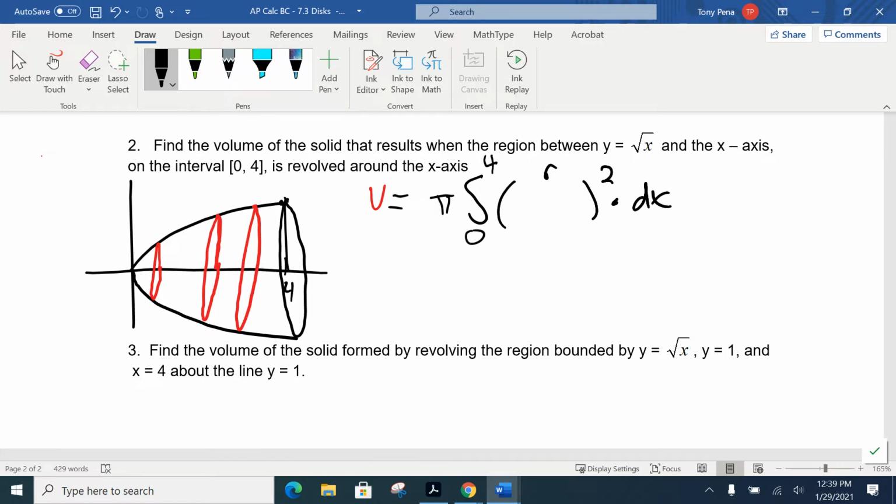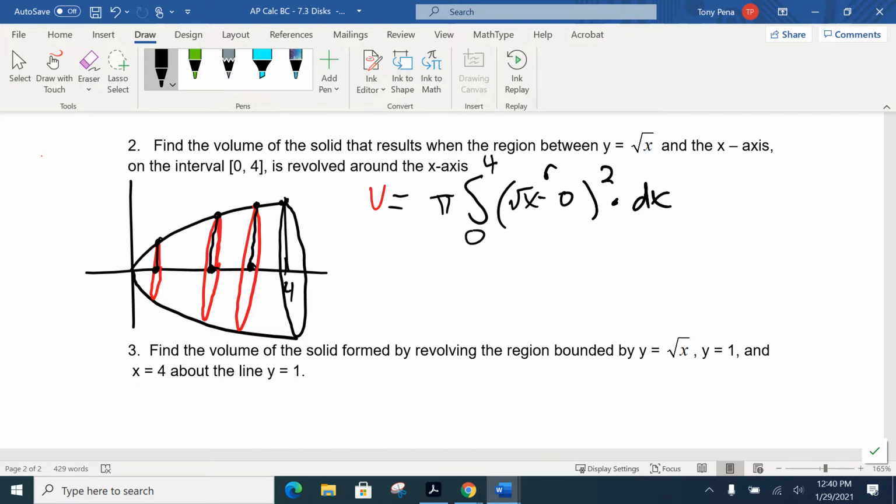And then no matter where I draw mine, no matter where you draw yours, if I draw in the radius for this one, and this one, every single one of these, the radius is bordered on top by that radical curve, and then on the bottom by the x-axis, which is 0. Okay. And then that's it.